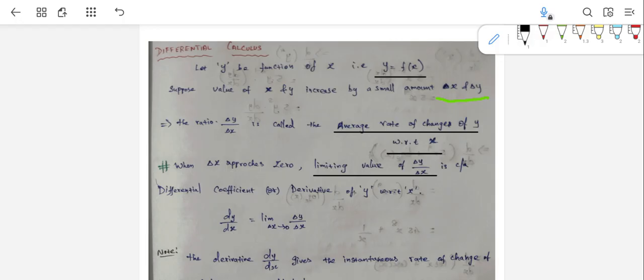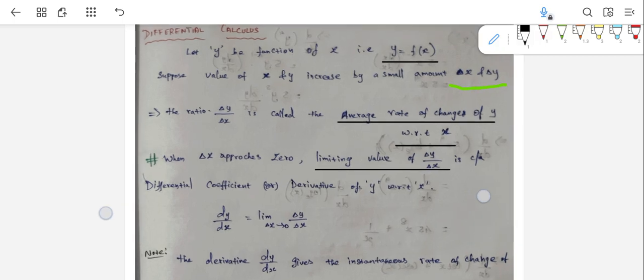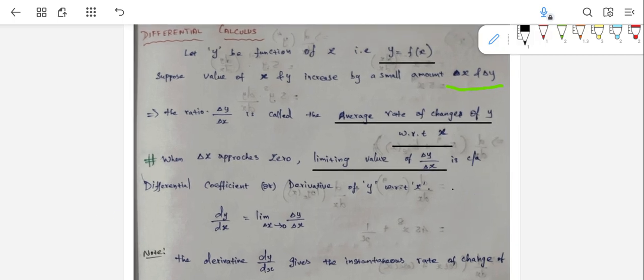When delta x approaches zero, the limit of that value is what we call the derivative of y with respect to x, the first differentiation. If you are confused, I hope a few of you got clear, but maybe a few got confused by the definition. Don't worry about the definition.